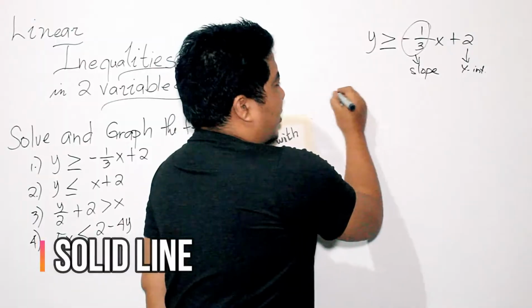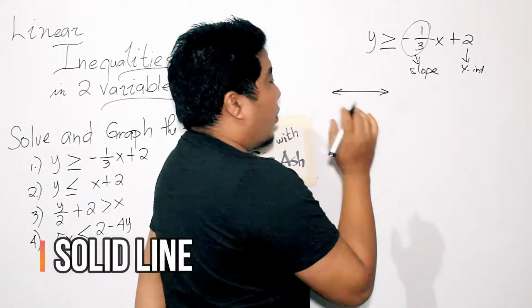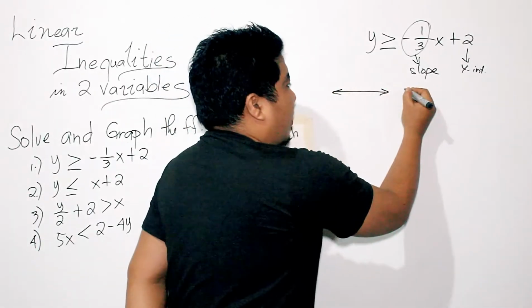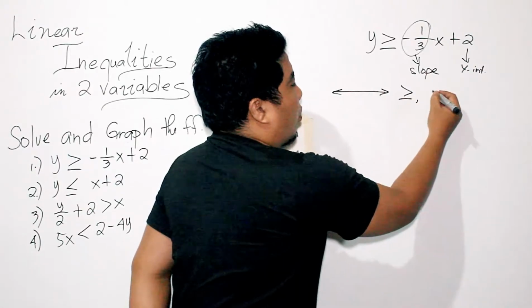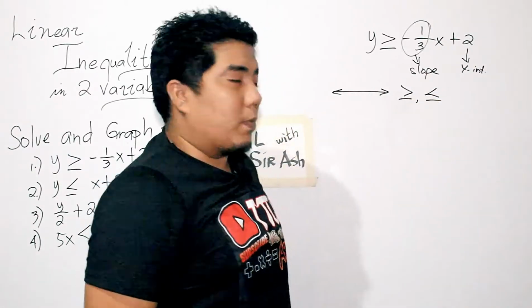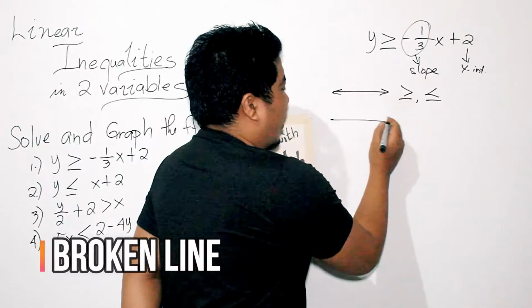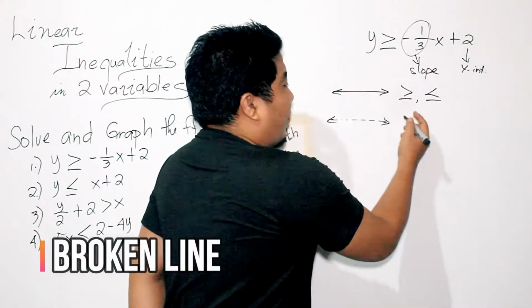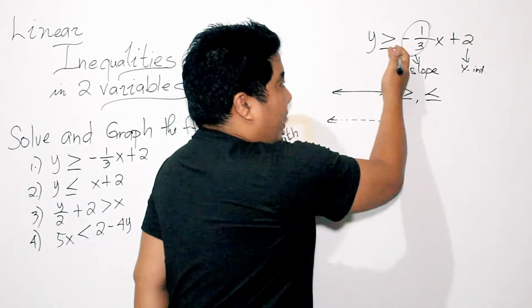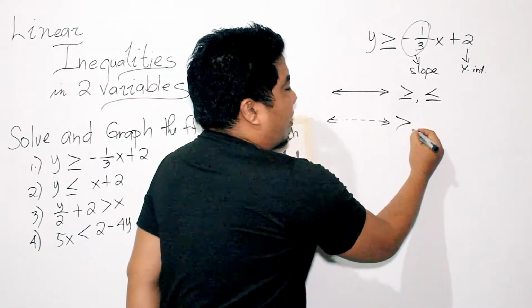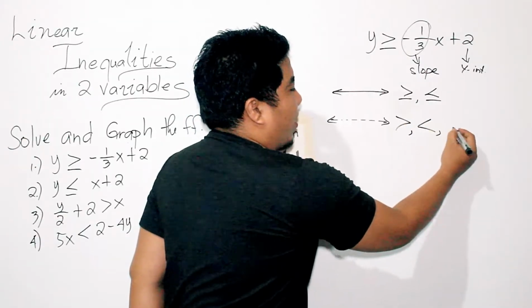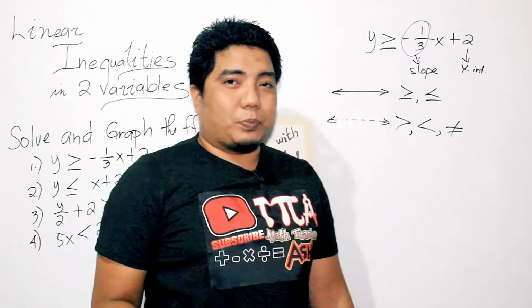We will use a solid line if your inequality symbol is either greater than or equal to, or less than or equal to. You will make a broken line if your symbol for the inequality is either greater than, less than, or not equal to. Okay?